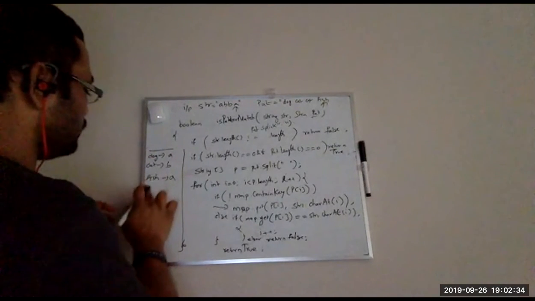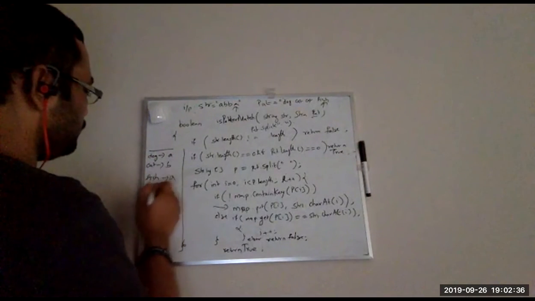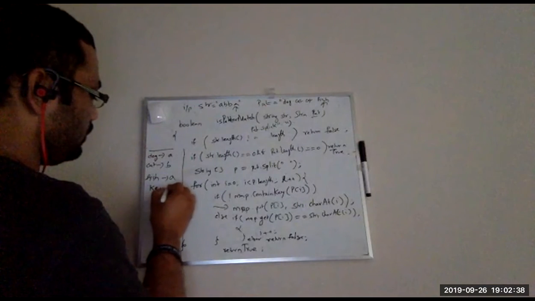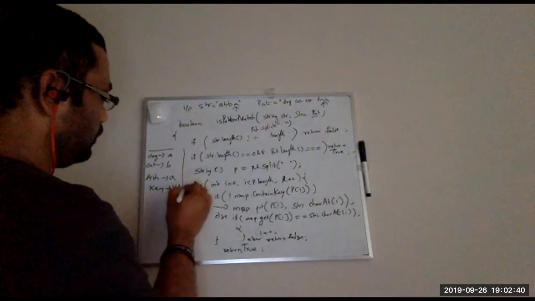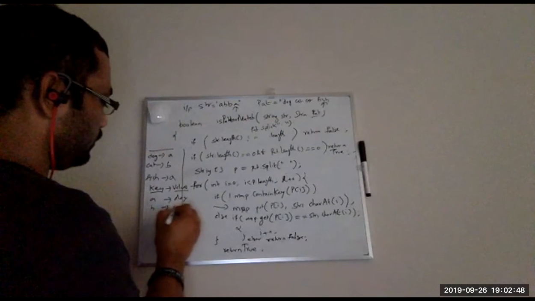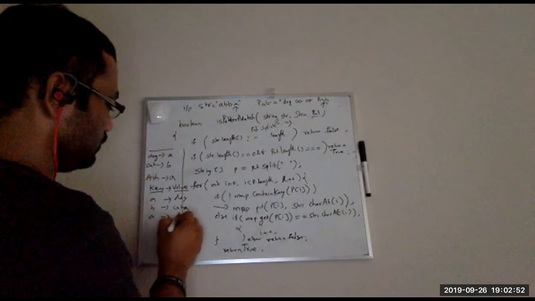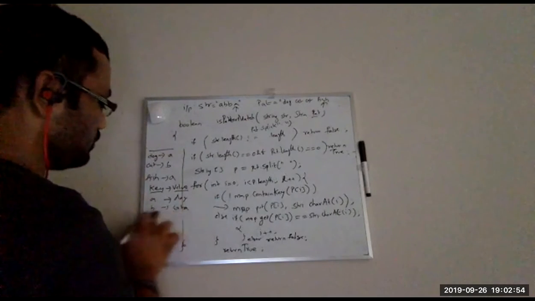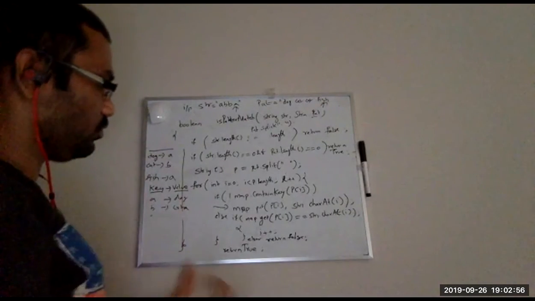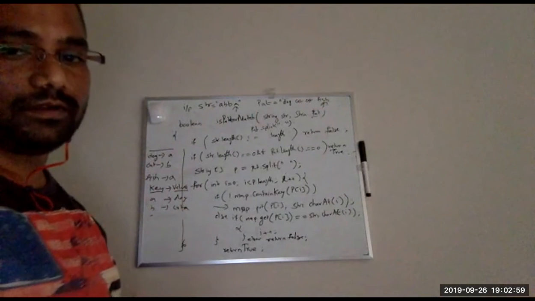We need to do it the reverse way, key to value. A to dog, B to cat, and A to fish. This one will be false. So I put it the other way in the hash map.